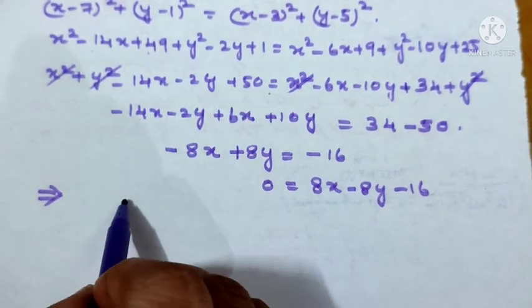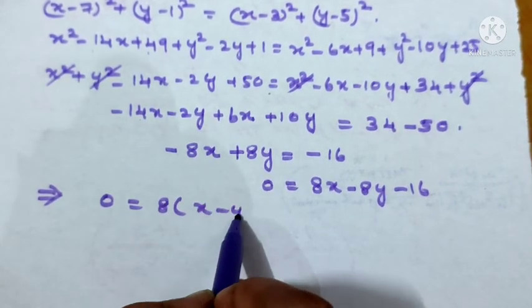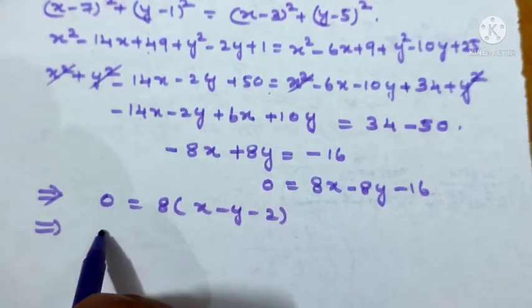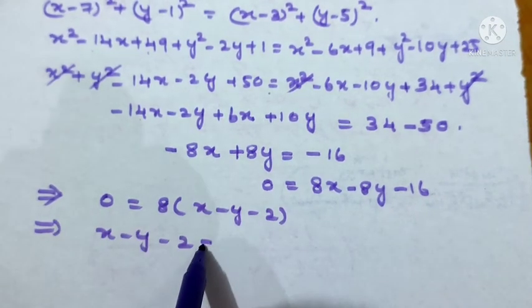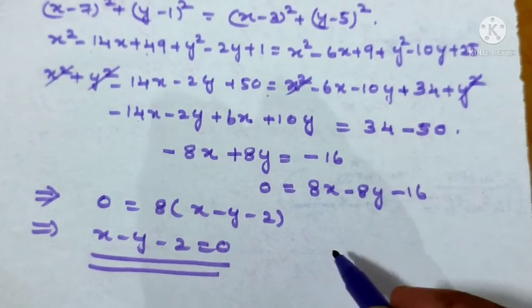Implies 8 common, 0 equal to 8 into x minus y minus 2, implies x minus y minus 2 equal to 0. So this is the required relation.